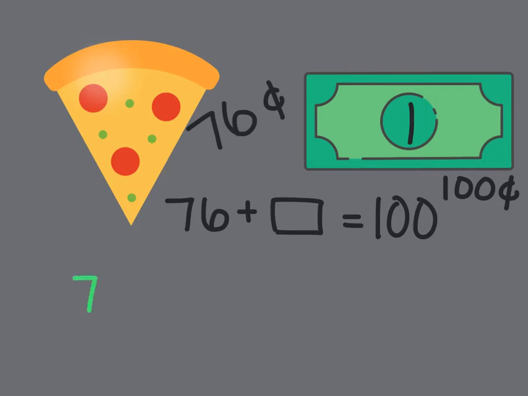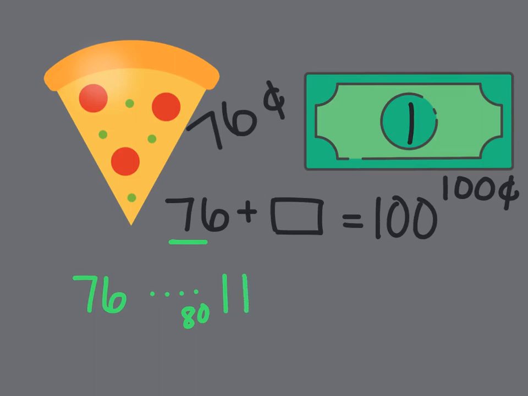So I start with 76. I'm going to start by counting on with ones until I get to the next 10. If I'm at 70, my next 10 is going to be 80. So 76, 77, 78, 79, 80. I'm at a 10. Now I count by tens until I get to 100. 80, 90, 100.